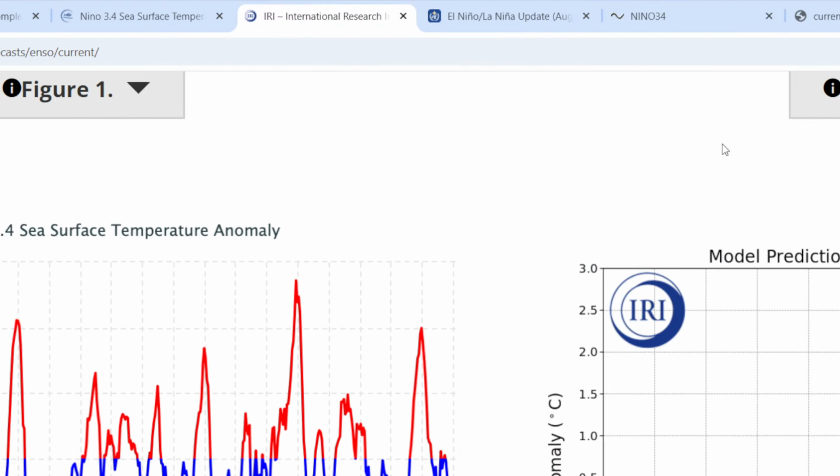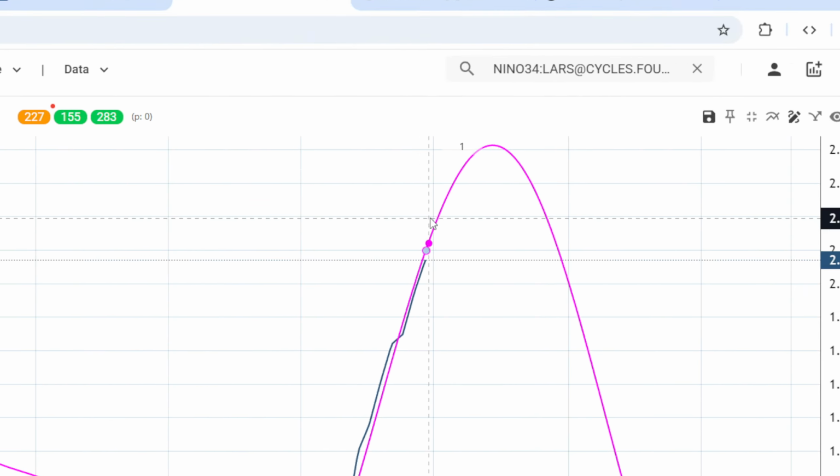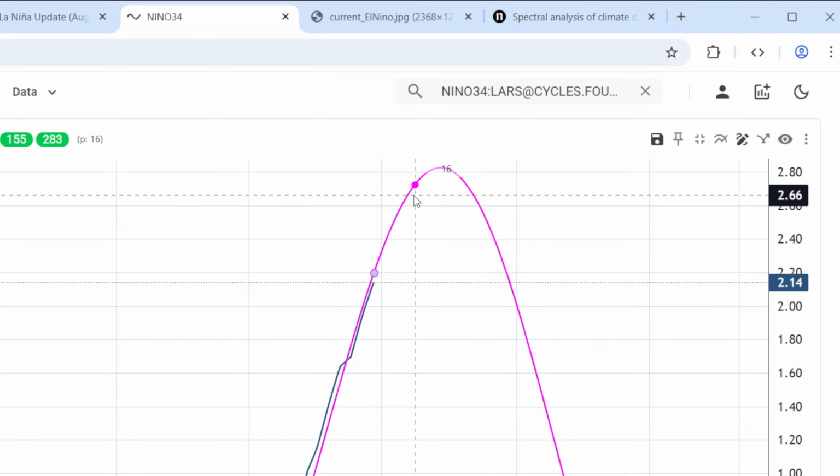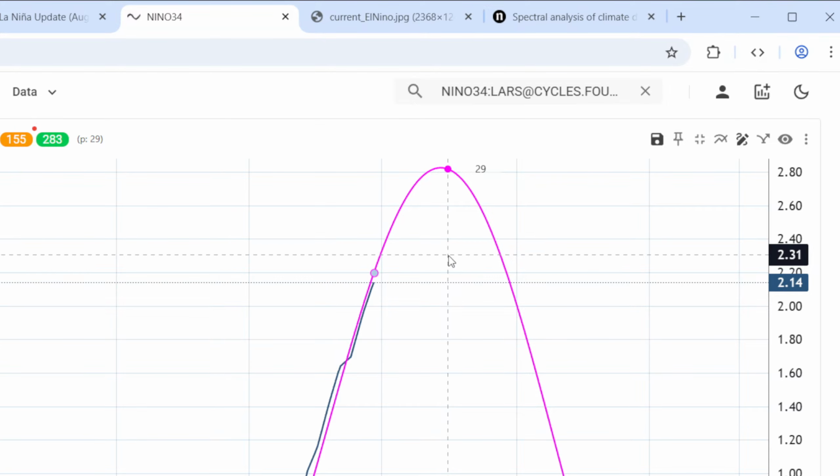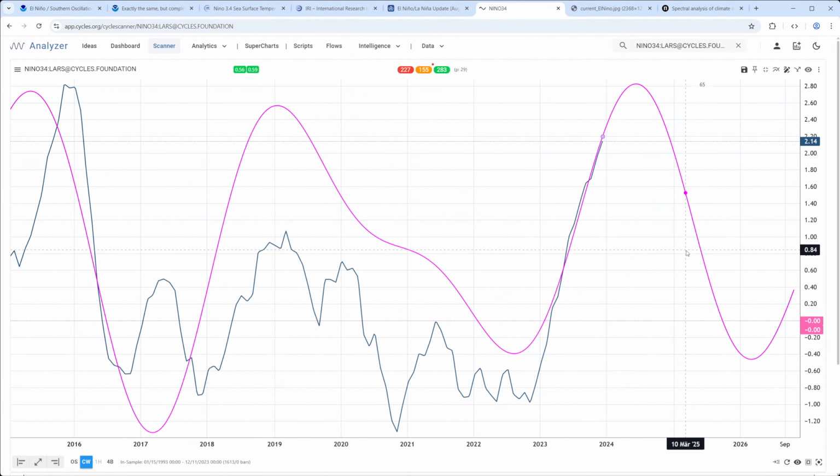Let's now switch back to our forecast. Our forecast predicted coming into a top early 2024, and then at least sharply coming down into normal conditions here early 2025.